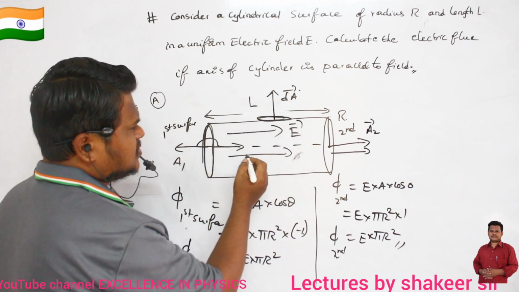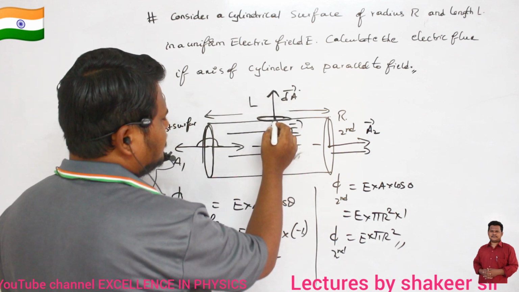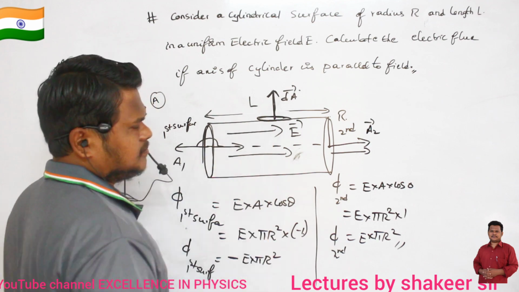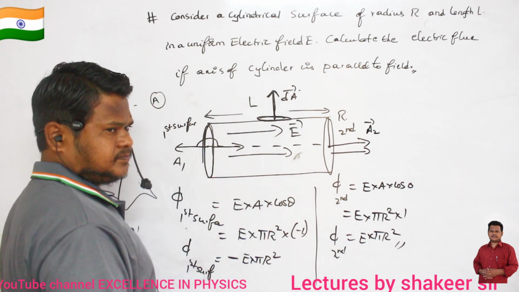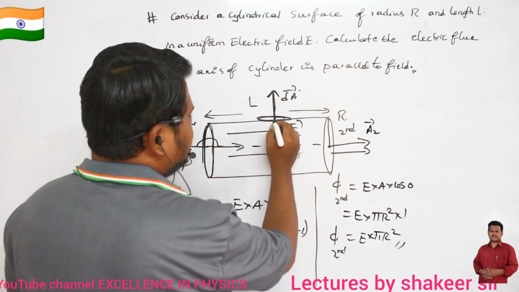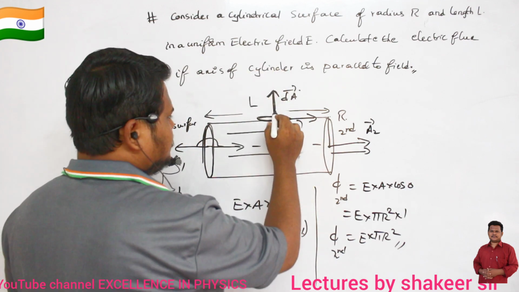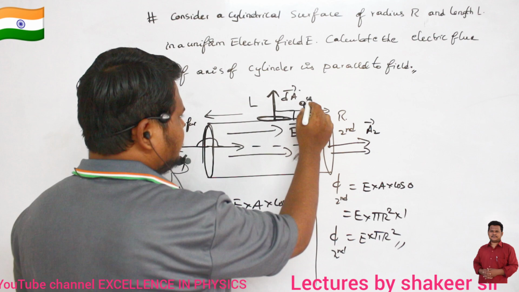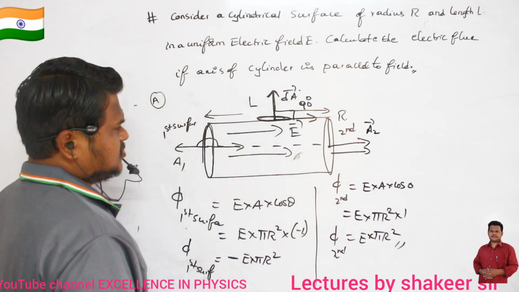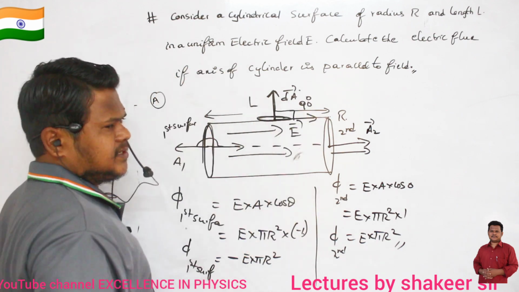Now what about flux through this small differential area dA? It is 0. Why is it 0? Because the electric field is in this direction, dA is in this direction. So the angle between them is how much? 90 degrees. Cos 90 value is 0. So flux cannot enter into this dA.